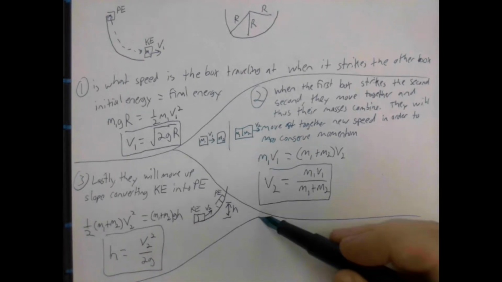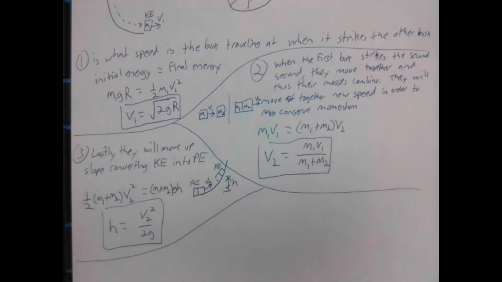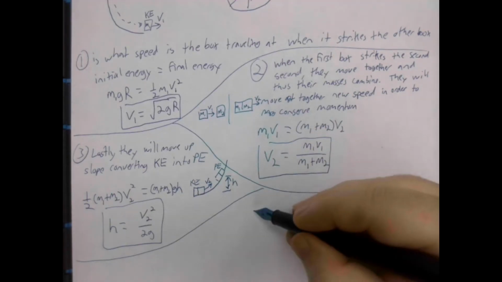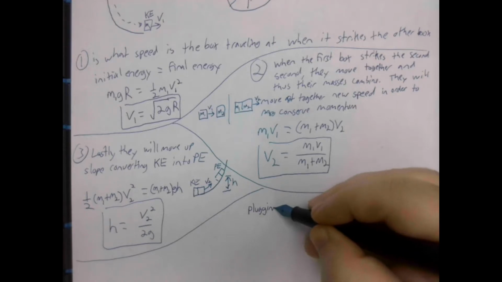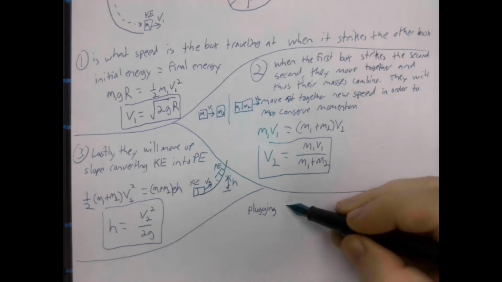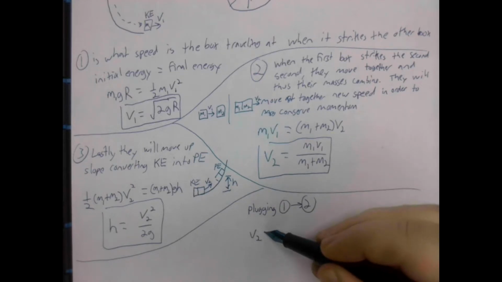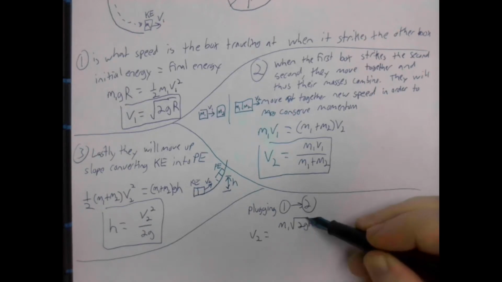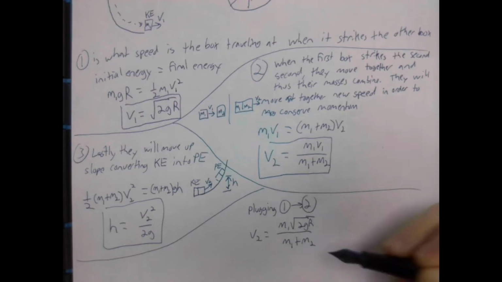Now all we have to do is clean up or resubstitute these in. So plugging 1 into 2, we get v2 is equal to m1 times the square root of 2gr, this is the v1, over m1 plus m2.